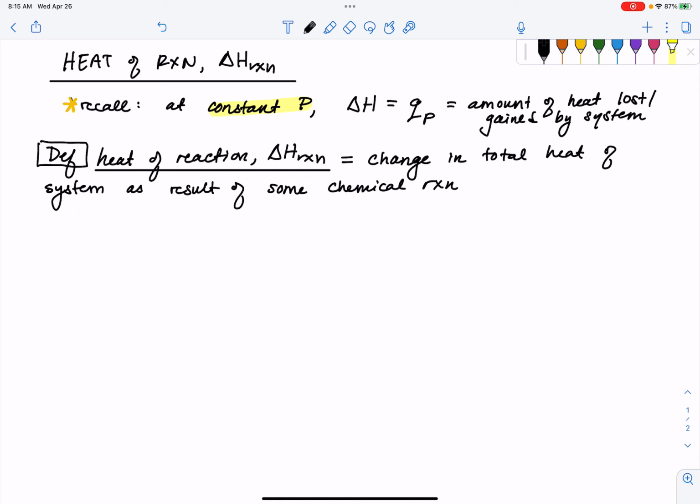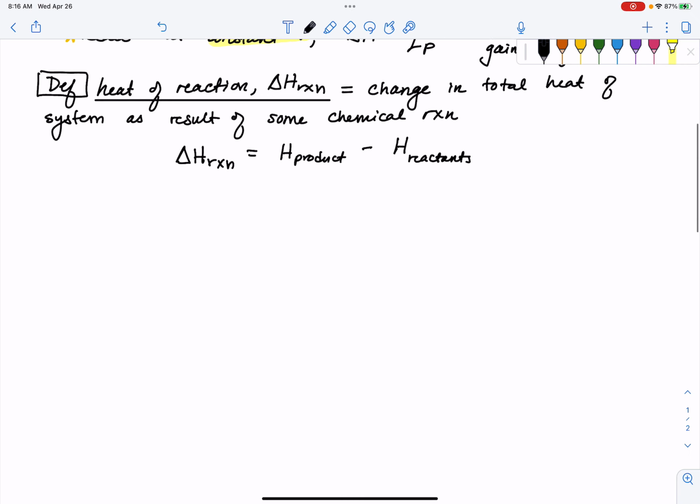So we could say this a couple of different ways. Mathematically, we could say that the heat of reaction is equal to the enthalpy of our products, so the total heat in our product system, minus the enthalpy of our reactants, or the total heat in our reactant system.